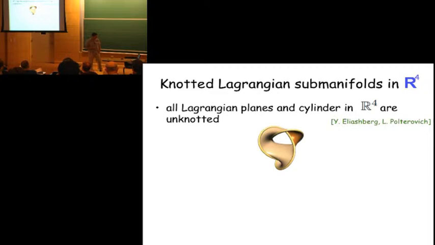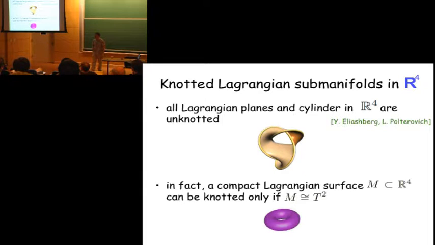The first statement, due to Eliashberg and Polterovich, is that all Lagrangian cylinders and planes are unknotted. So you cannot have any interesting knottedness if the manifold is just homeomorphic to a plane. However, you can have interesting knottedness if the Lagrangian is a torus. And in fact, a compact Lagrangian surface can be knotted in this sense if and only if it is a torus.